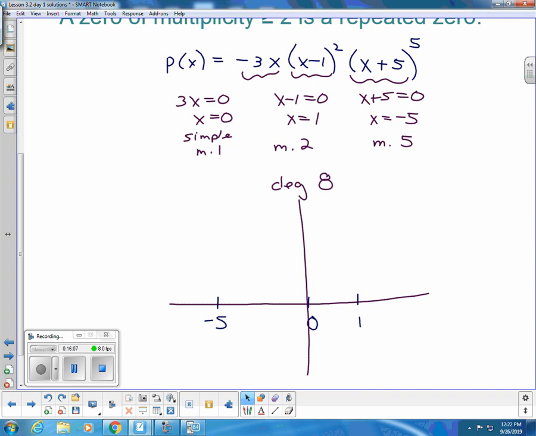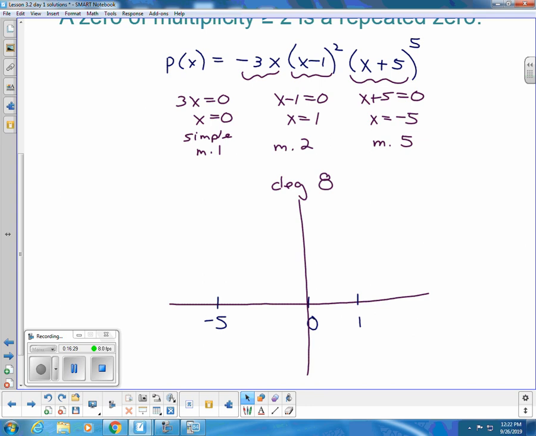What's the end behavior of an even degree that has a negative leading term? What's it look like? Even, down. So that means if I want to graph it, I have to start low, come up, do some things, and end down, right?